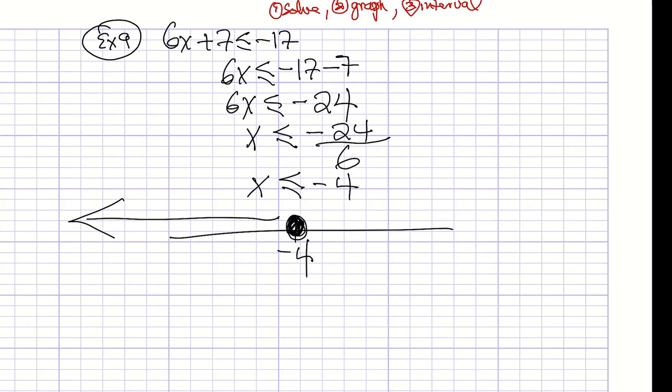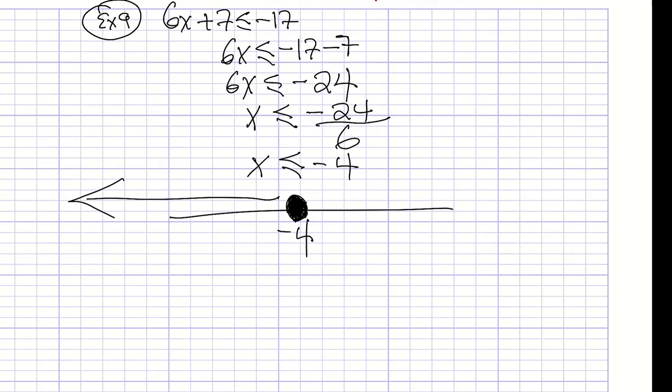You can't leave any hole there because negative 4 is included. So no hole, and then the interval is negative 4 included to negative infinity, because it's going to the left side. Alright, so that's what we'll have there.